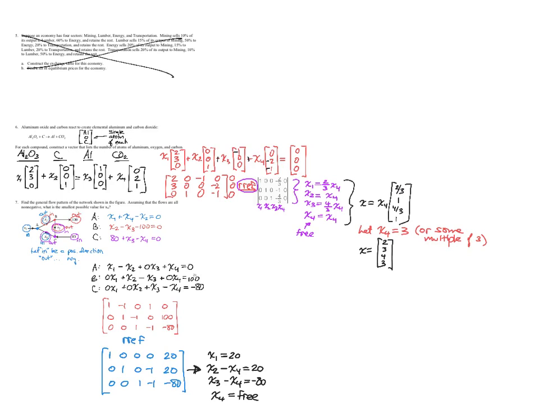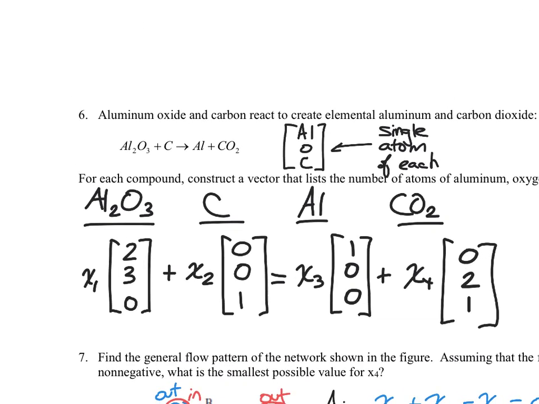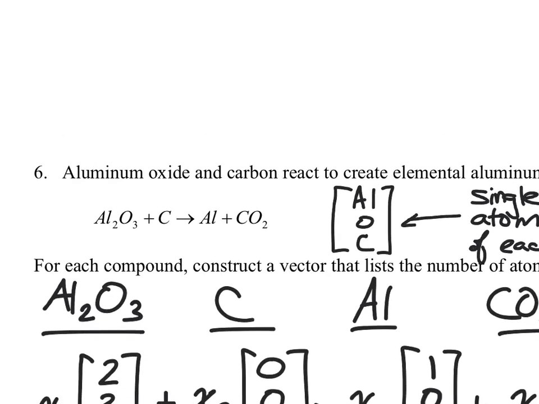Now I can apply any scalar multiple I want to this. I can multiply it by 10. It'd be a little overkill to say I need 20 of these, 30 of these, 40 of these, and 30 of those, but that's still technically correct. So 2, 3, 4, 3 is the smallest possible whole number values that'll work in this situation. So 2, 3, 4, 3.